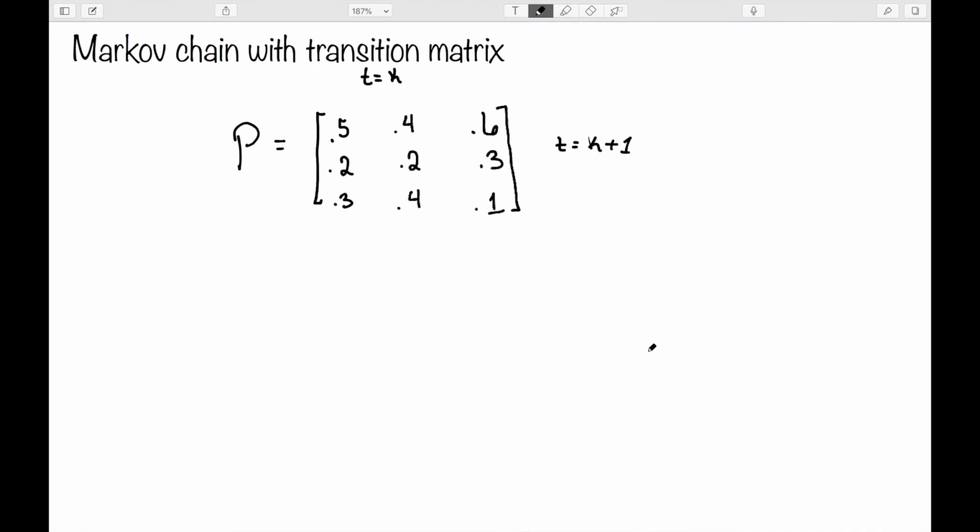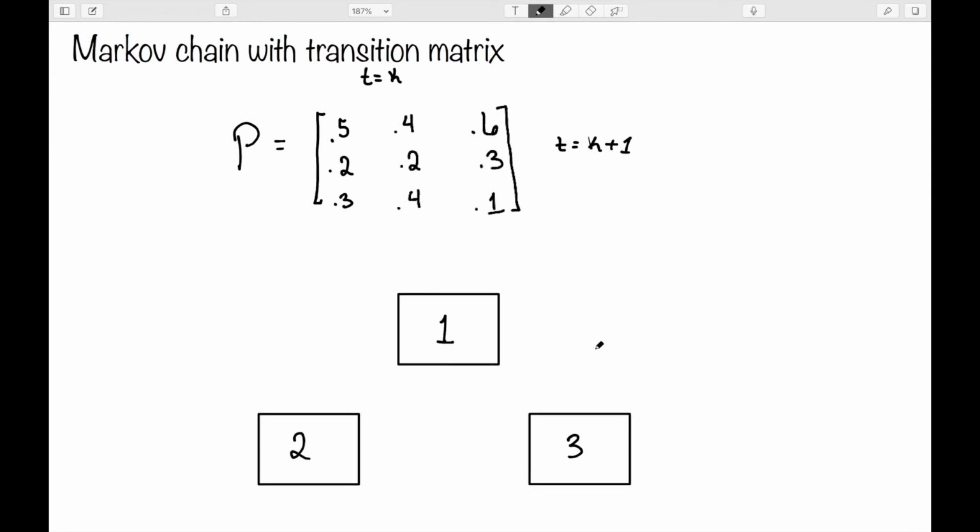So we're going to set up a picture to kind of demonstrate what's happening here. Here I have 3 boxes that represent Reserve 1, 2, and 3. So I'm going to start with the first entry, this 0.5, in the first row, first column. That tells me that there is a probability of 0.5 that if the lion is in Reserve 1, it stays in Reserve 1.